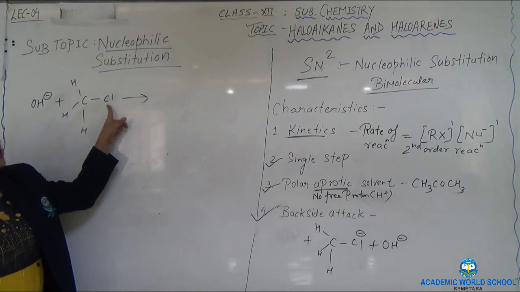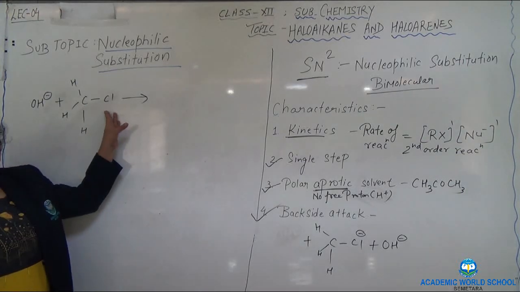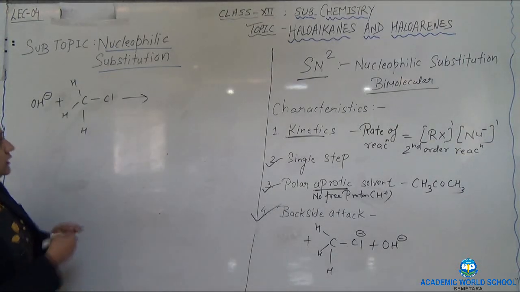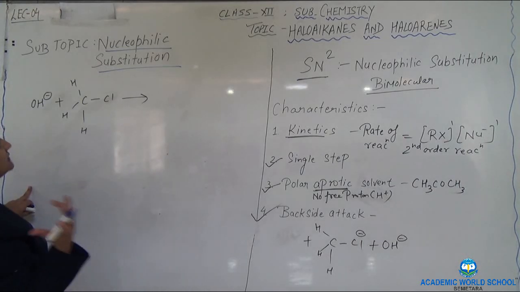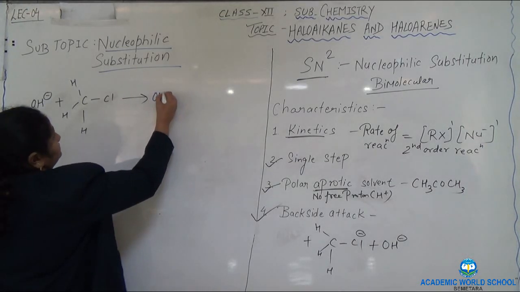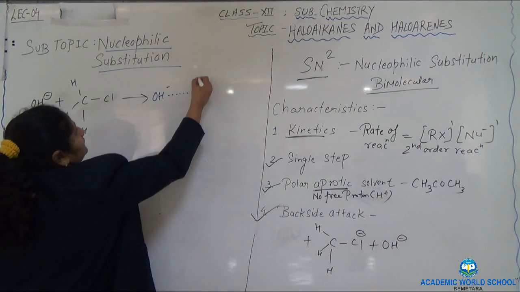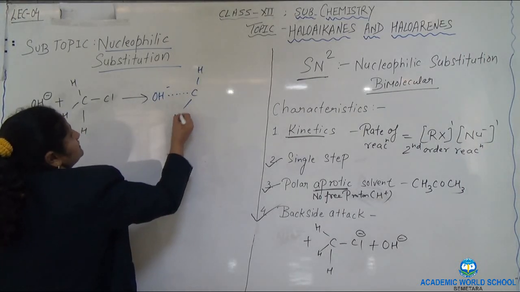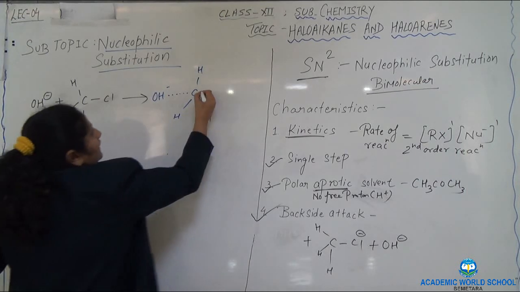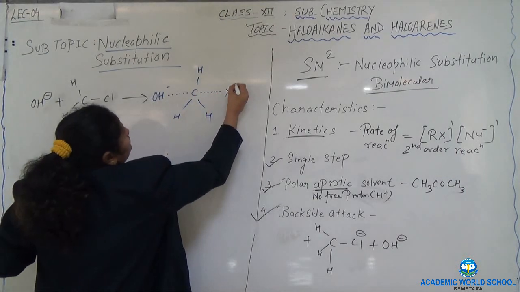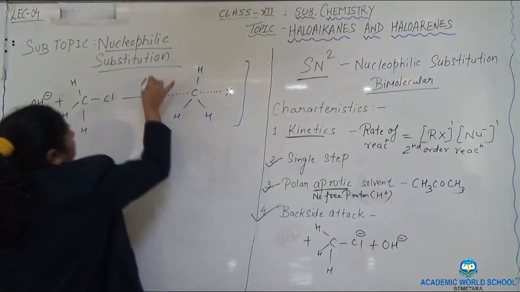Hence, this chlorine atom will leave as a leaving group. First they make a transition state, in which OH minus is going to add with this carbon. The transition state of the carbon will change and this X minus is going to leave this compound.